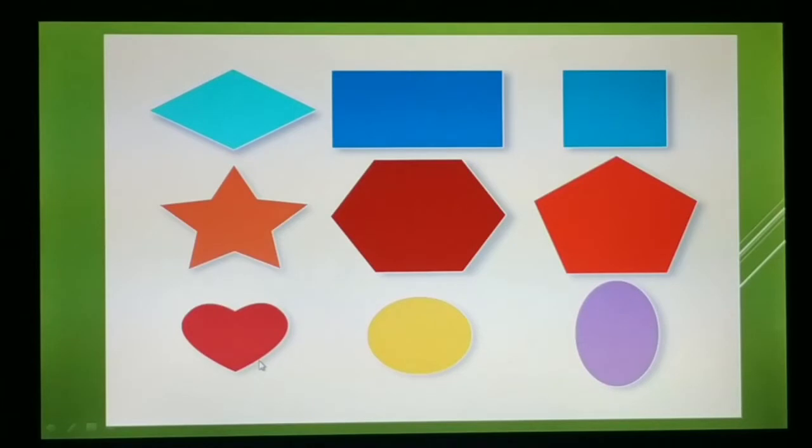No. Or is this a triangle? No. Oh, looks like we don't have a triangle in here. Let's look at another figure. Yes, now this is a triangle.